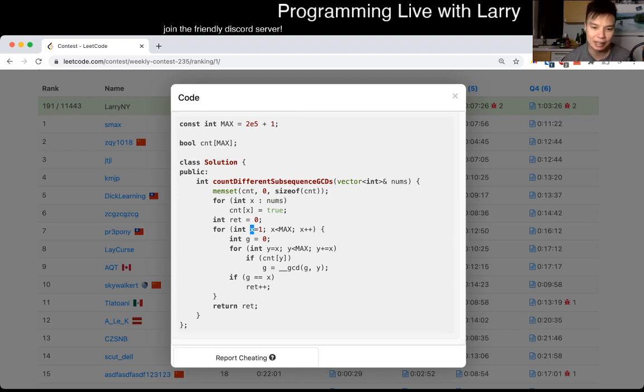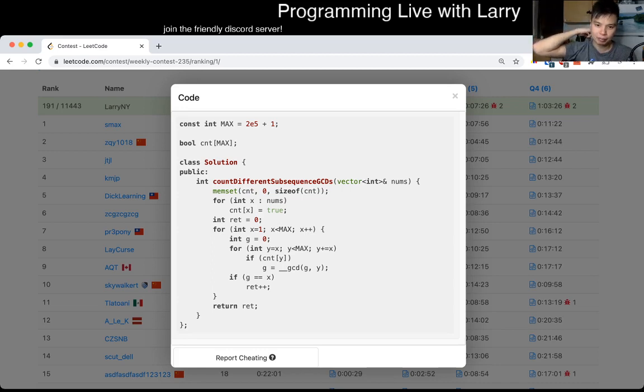And then basically here, we just go through all the possible multiples of x, if it's 2, you go 2, 4, 6, 8, and you look at all of them, and then you GCD all of them together, because if you GCD more and more, it would only give you possibility of seeing x.